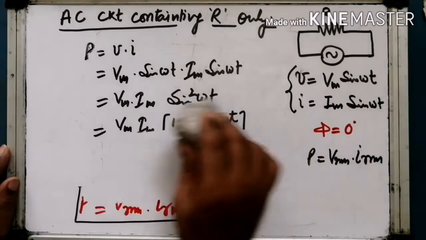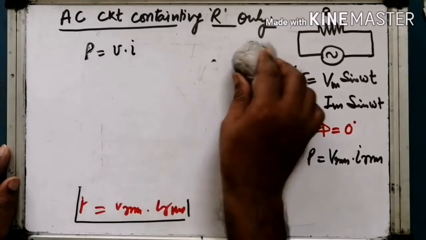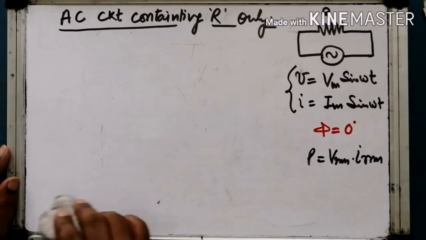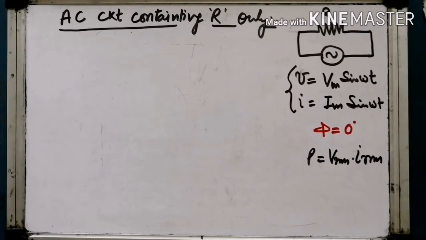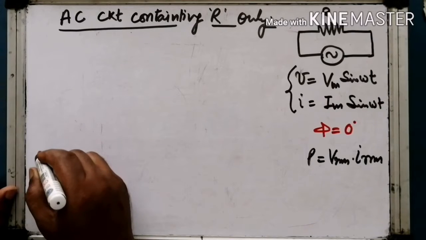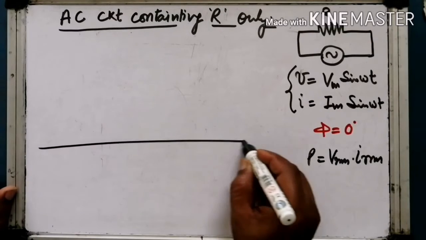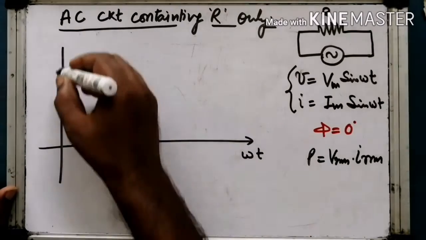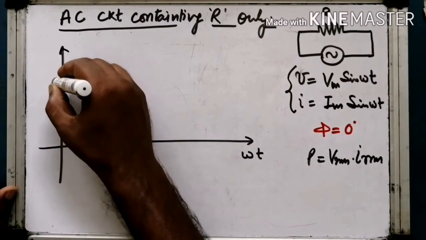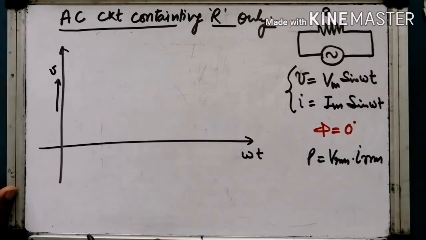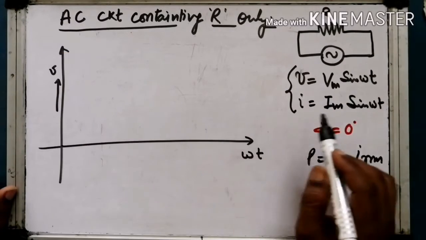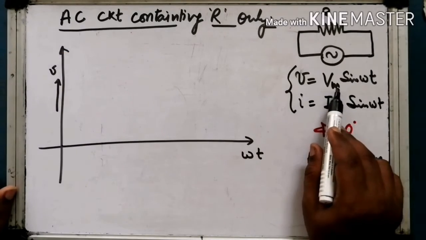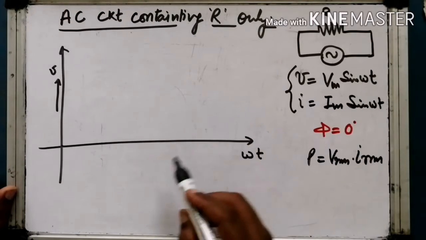Now see the waveforms of voltage, current and power. This one is the horizontal axis. Omega t is here, and on the vertical axis say it is voltage, right? Equation of the voltage is V equal to V maximum sin omega t, which is sinusoidal in nature.